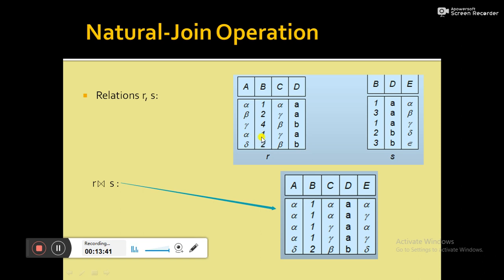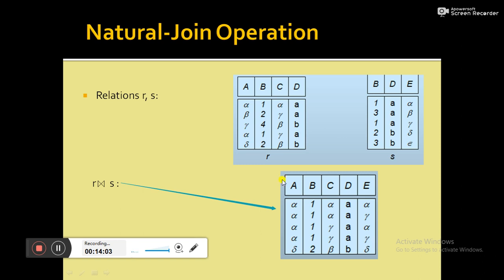So alpha 1 gamma A alpha will appear over here. This is the record. Next, second 3A, but here it is 1A, not going to be selected. Again 1A, and this is also 1A, so that record will be selected. So alpha 1 gamma A gamma will be selected.